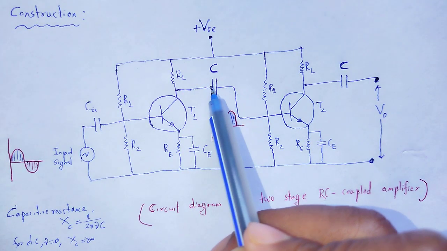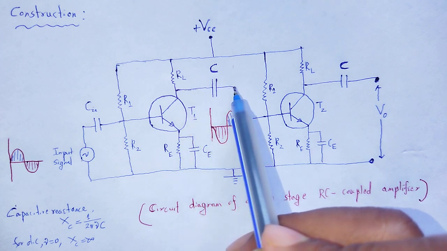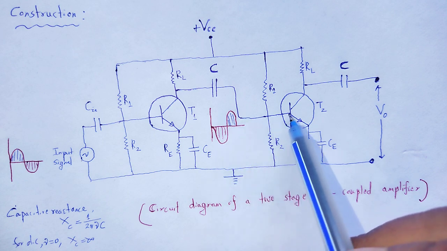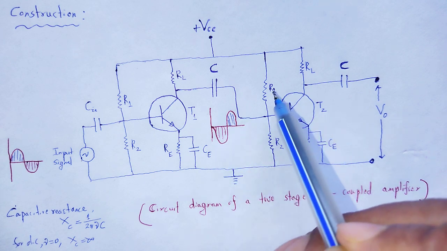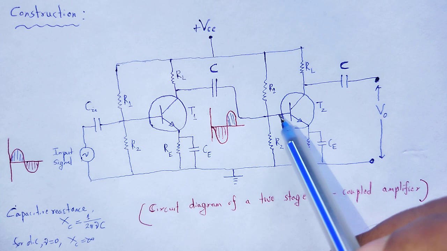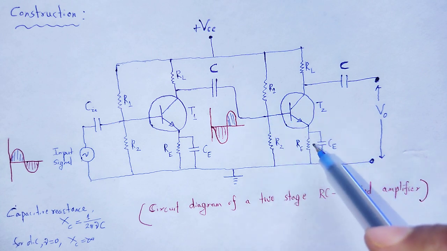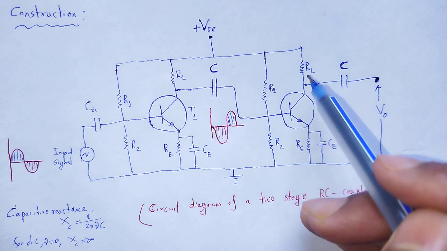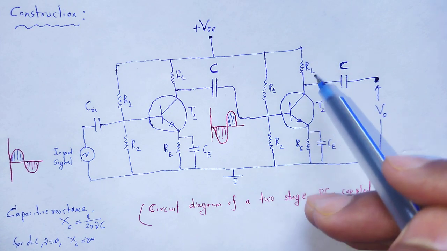Through the capacitor C, it allows AC and obstructs the DC. Now that input signal goes to transistor T2, where again R1 and R2 provide proper biasing, and CE again stabilizes transistor T2, with the output across RL.